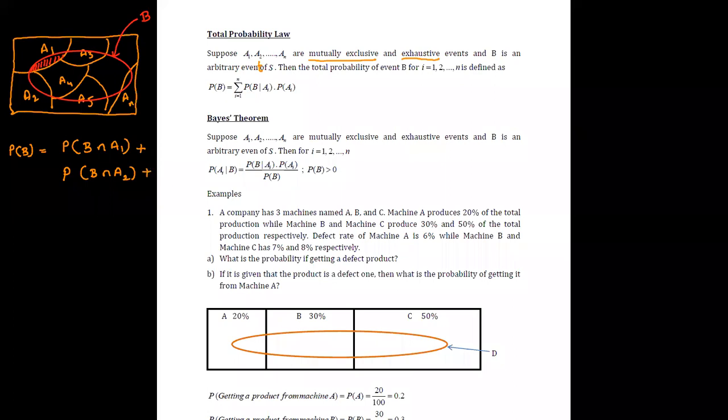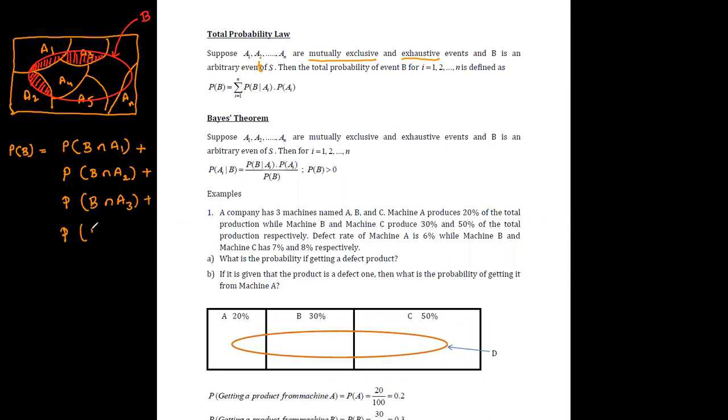Think about A2 intersecting with this part, then A2 intersect with B. Likewise, we add this small part for A3, which gives probability of B intersect A3. Likewise, we add the probability of B intersect A4, and move up to the addition of probability of B intersect AN.